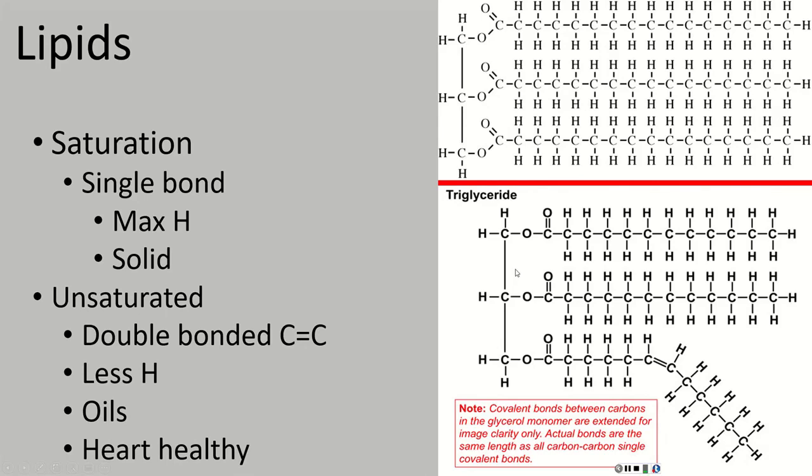Well, when we're talking about a fat that is saturated, we're going to look at the fatty acids. Look at these long chains of carbon. If we look at these long chains of carbon, we can see every carbon here has how many covalent bonds? Every single one of them has 4 covalent bonds.